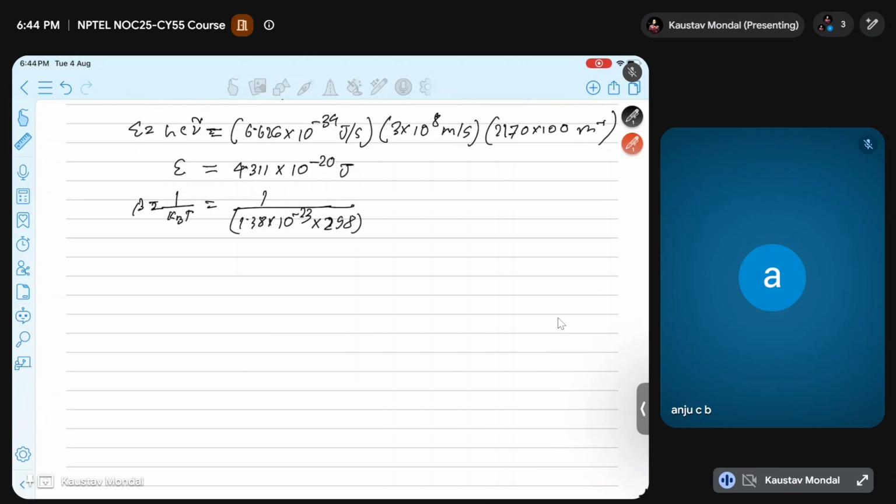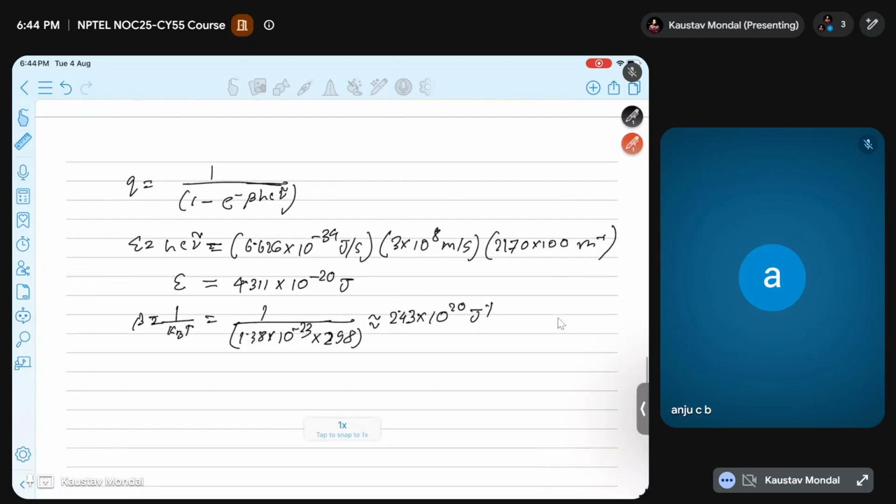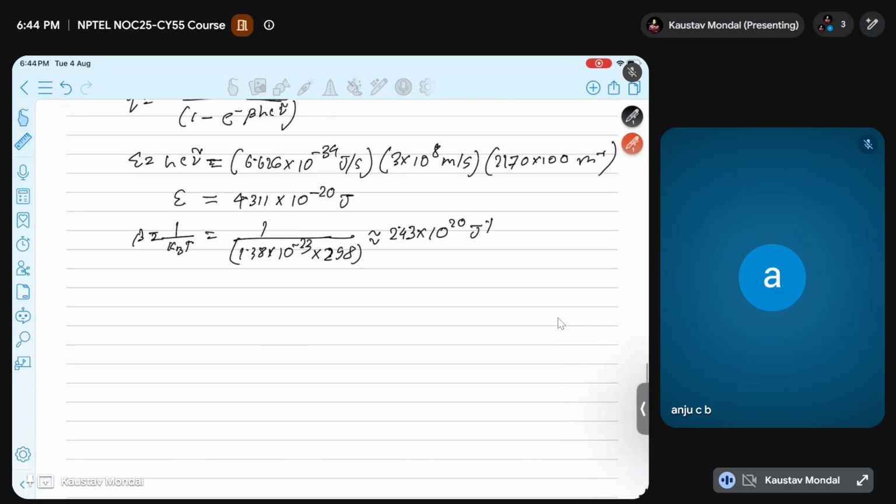That gives you the value of beta as 2.43 into 10 to the power 20 joule inverse. Okay, so we got pretty much all the numerical quantities needed for the calculation of this problem.